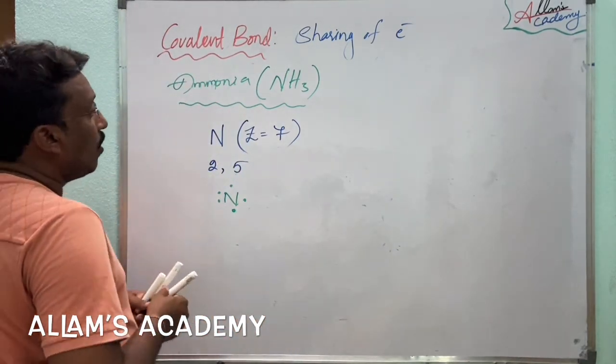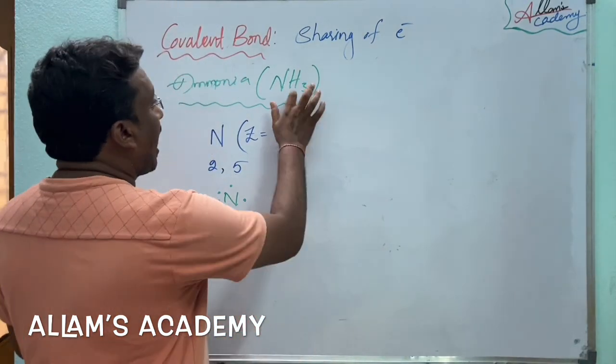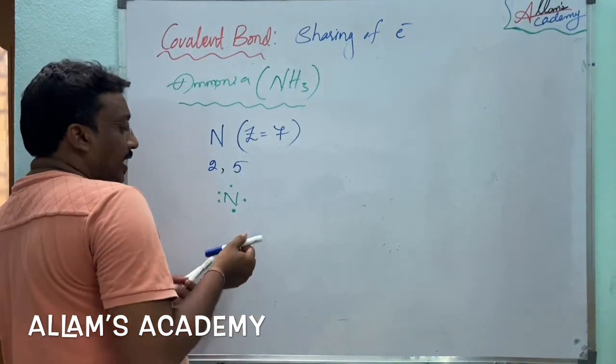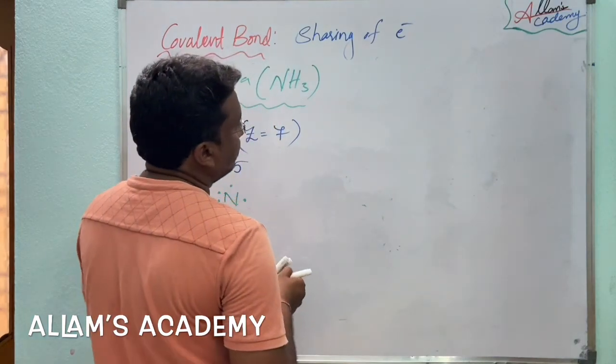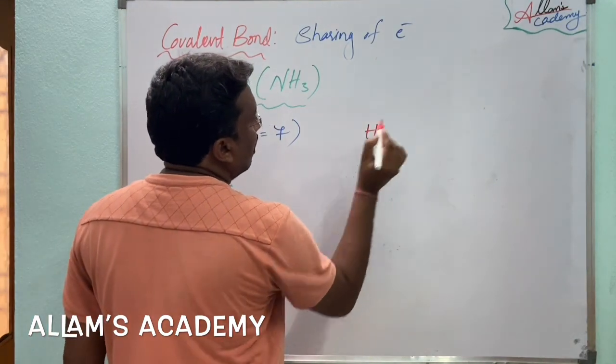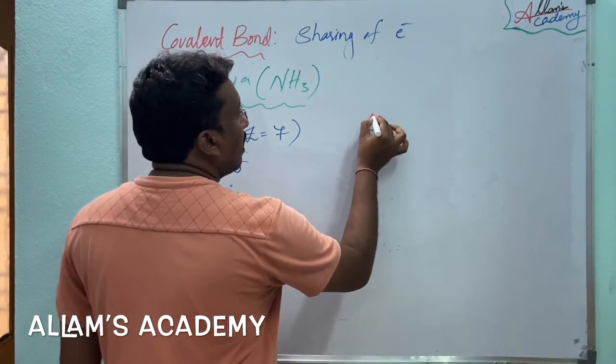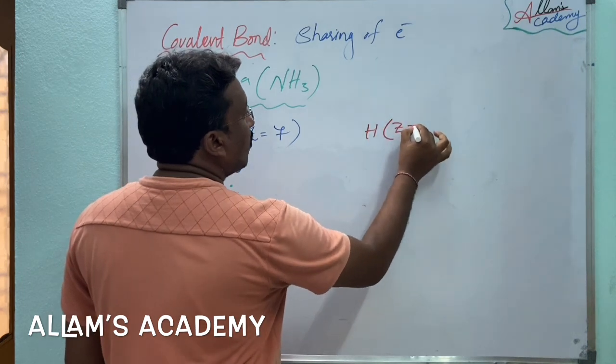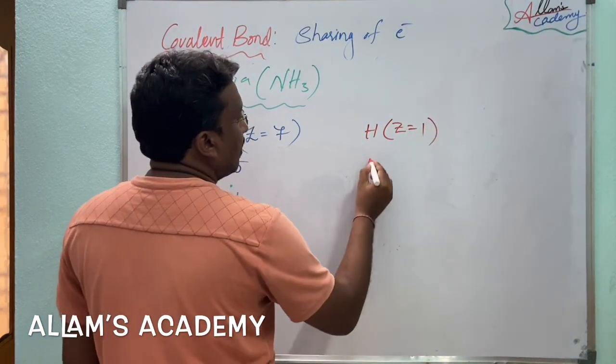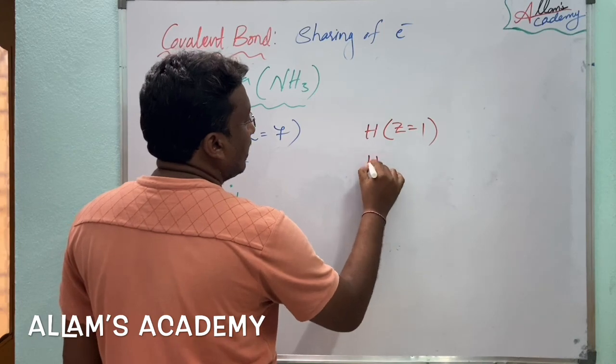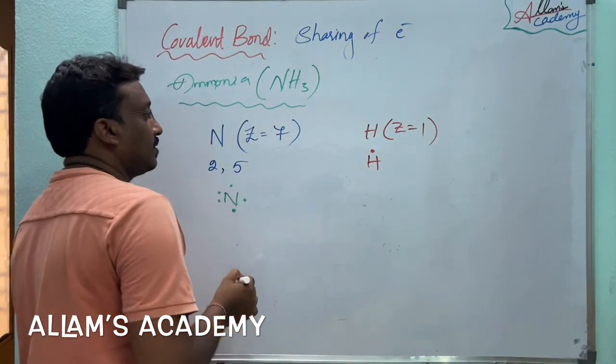Then hydrogen. Here it has one hydrogen atom. Its atomic number is 1. The structure is only 1, and this is the dot structure.